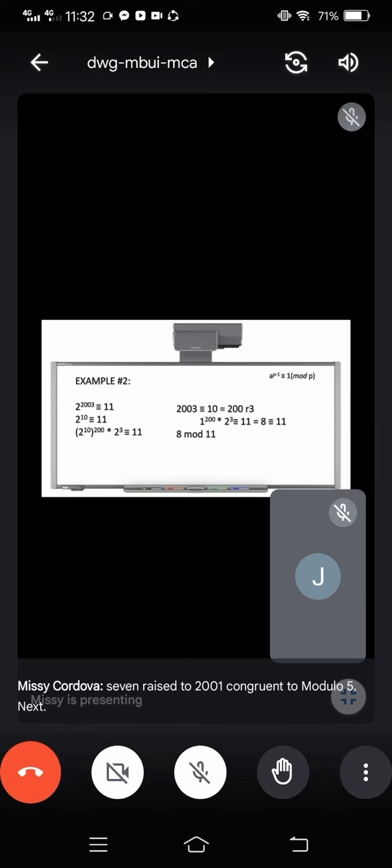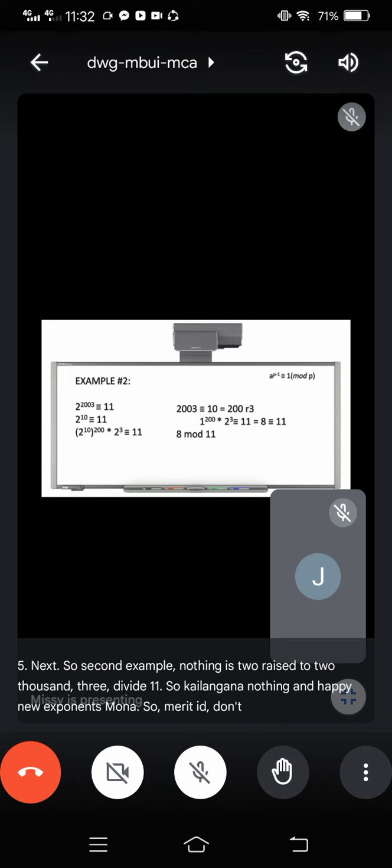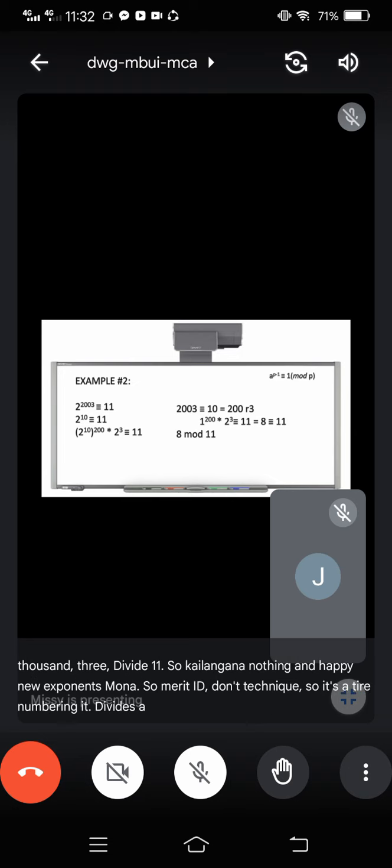Second example natin is 2 raised to 2003 divided by 11. Kailangan nating hanapin yung exponent muna. Meron tayong technique: iisip tayo ng pwedeng i-divide sa 2003. 2003 divided by 10 is 200 remainder 3.